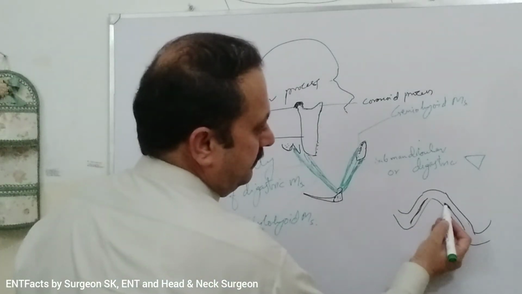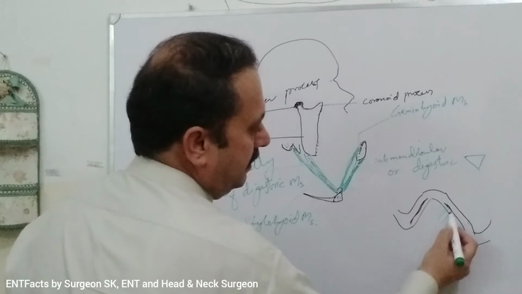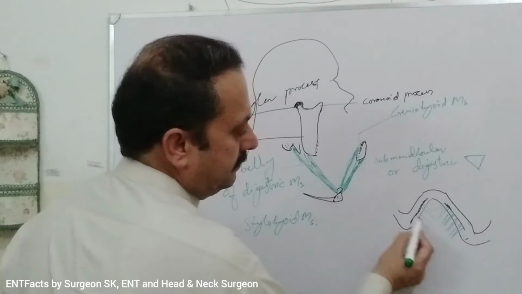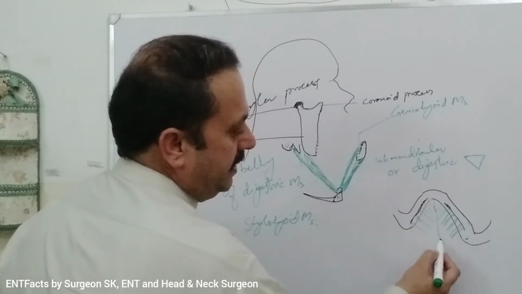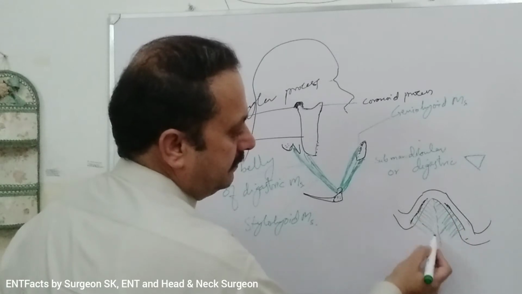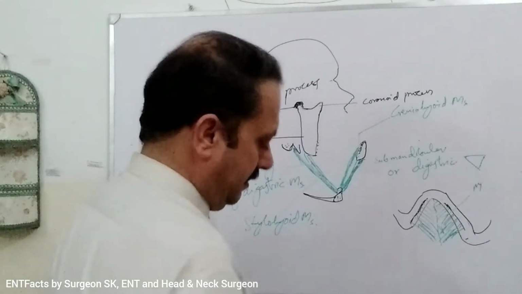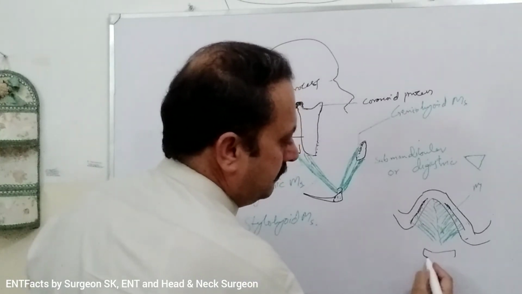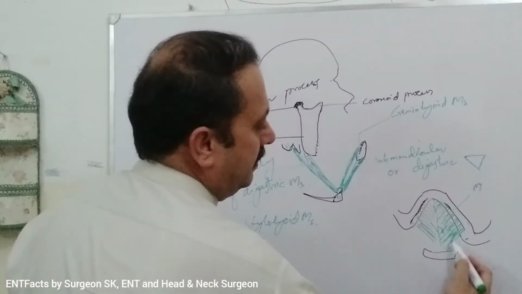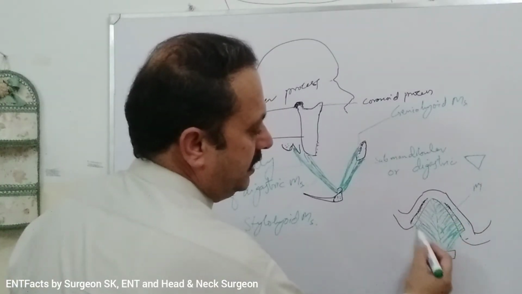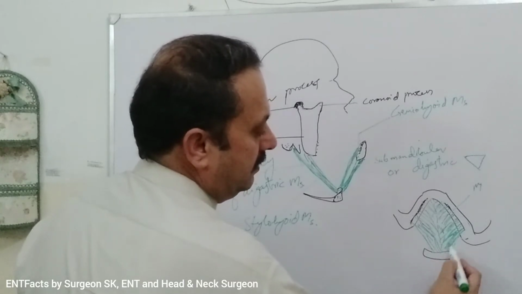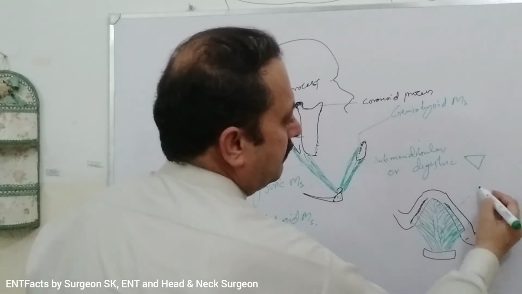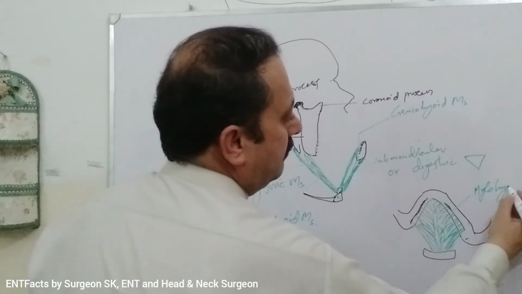From this line, a muscle arises posteromedially from both sides and inserts on a median raphe and posteriorly on the hyoid bone. This muscle is now called the mylohyoid muscle.